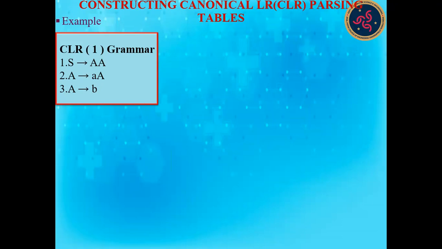Here we have to add one more thing, that is the look ahead symbol. When we find the closure, we have to add the look ahead symbols by applying the previous rules. We have two rules, right? By applying those rules, we can add the look ahead to these productions.